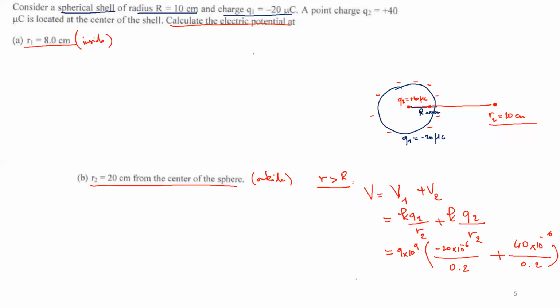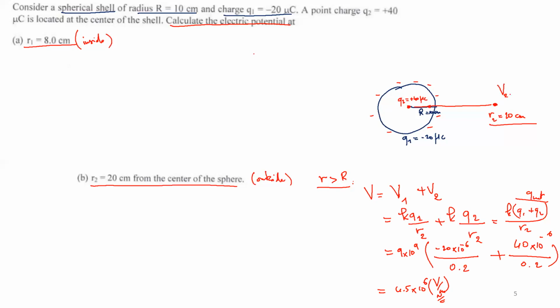In my calculation, this is just K times Q1 plus Q2, which is Q net, divided by R2. This gave me 4.5 times 10 to the power 6 volt per meter, or Newton per Coulomb, if you prefer. And this is the electric potential at this distance here.